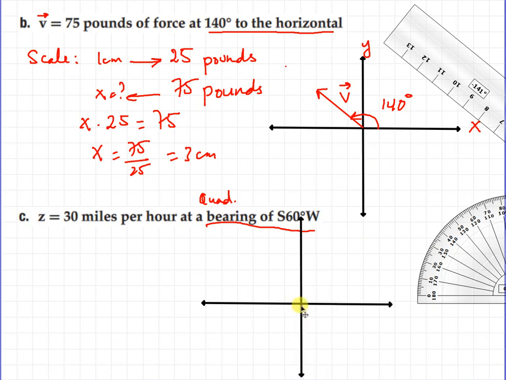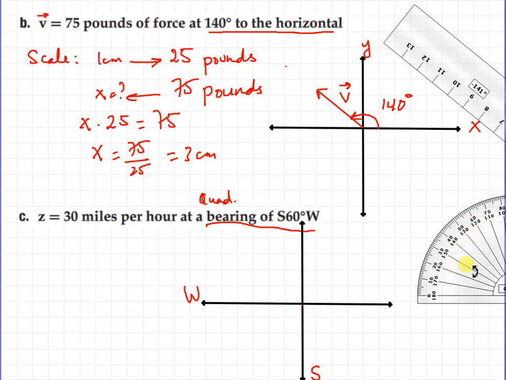Okay, so 60 degrees, this is how it's read: 60 degrees west of south. So if I am at south here, I have to go 60 degrees toward west. From here I go 60 degrees toward west. This is west. Okay, so 60 degrees is over here.